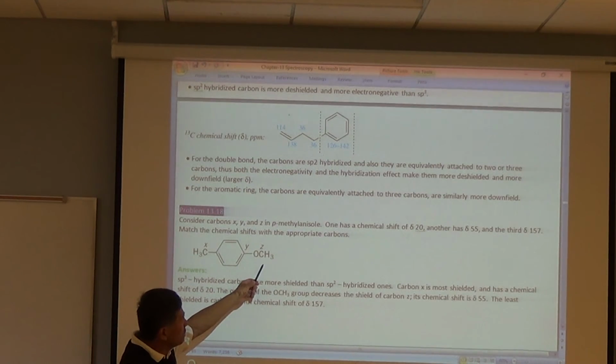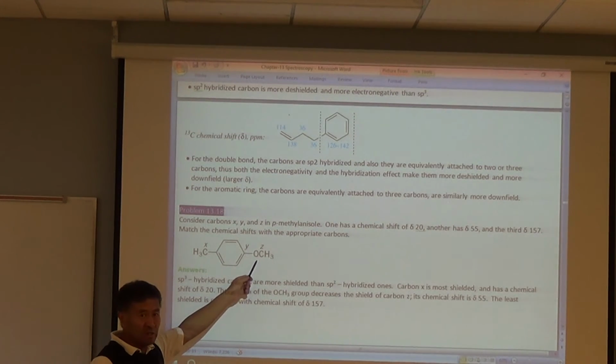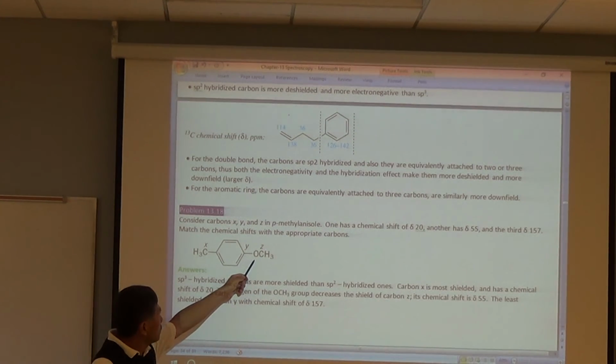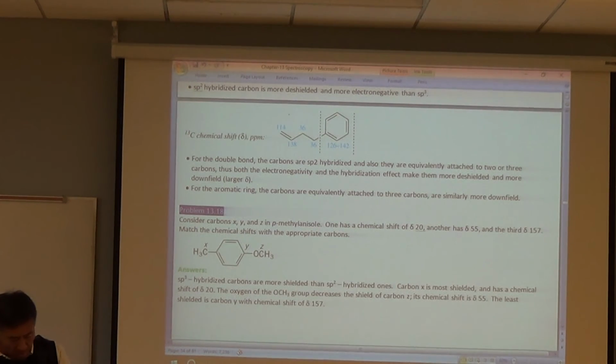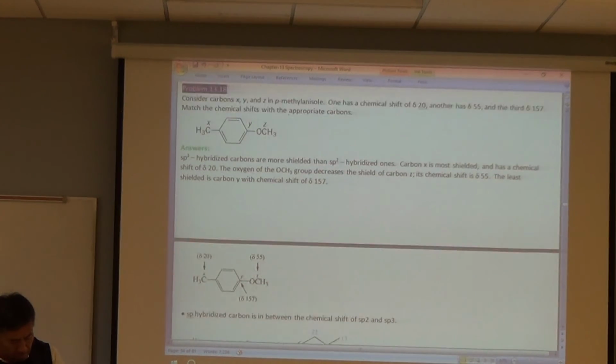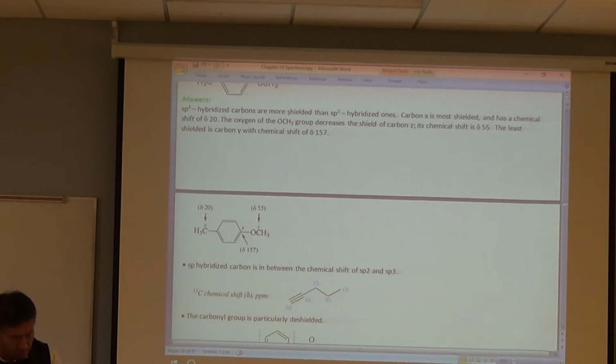And the next number, 55, will be for this Z, because this one is closer to the O. So that is the result. And closer to O, oxygen is more electronegative, and then more deshielded.